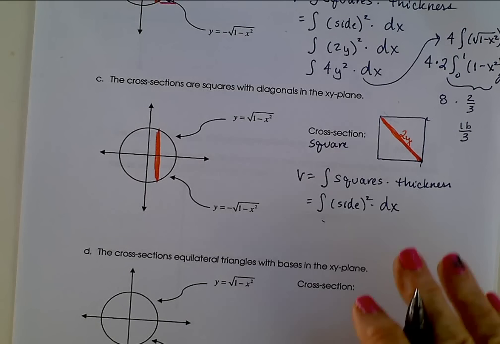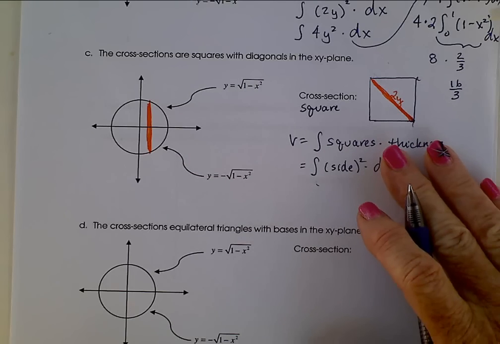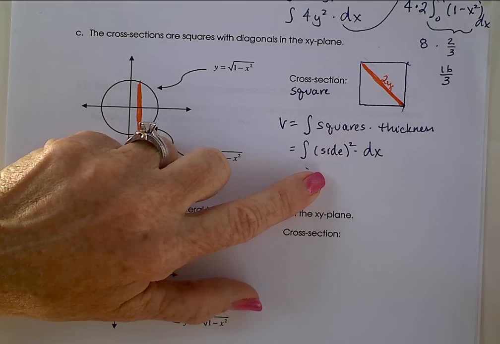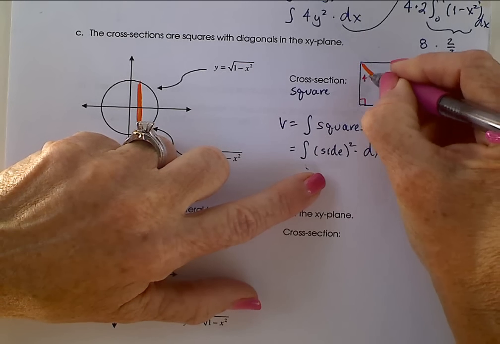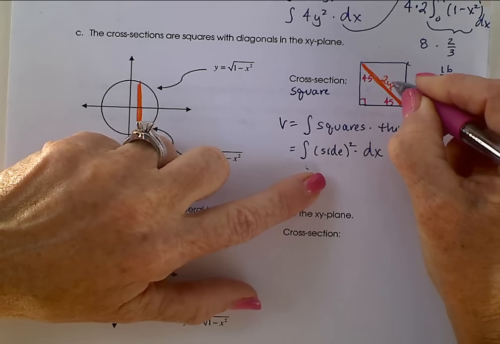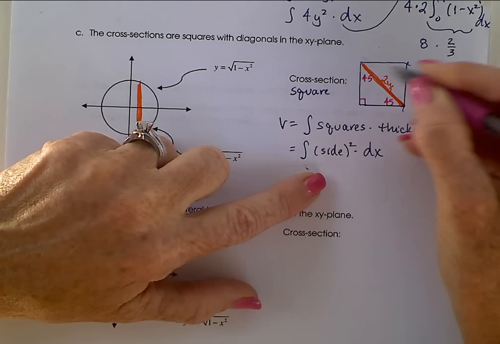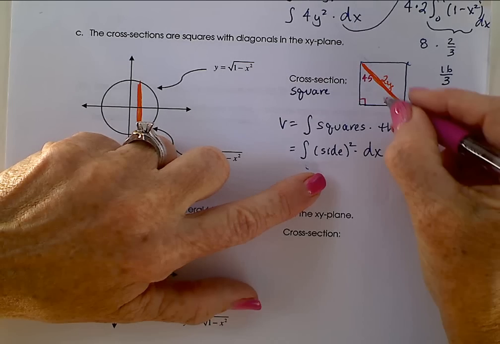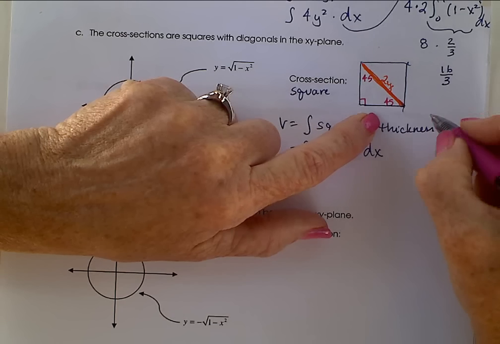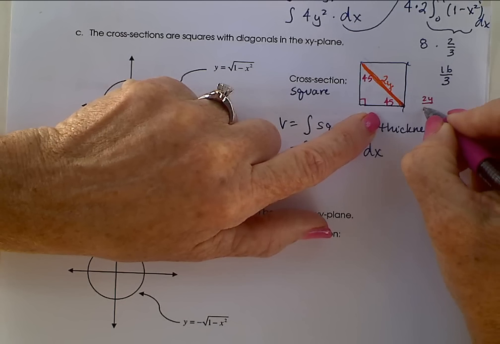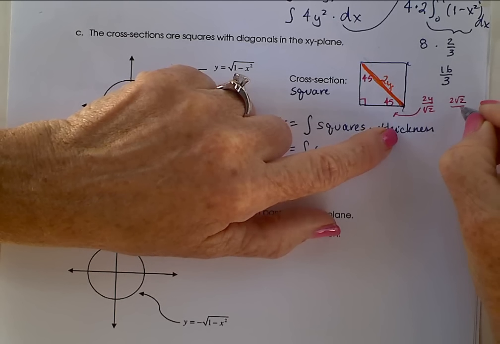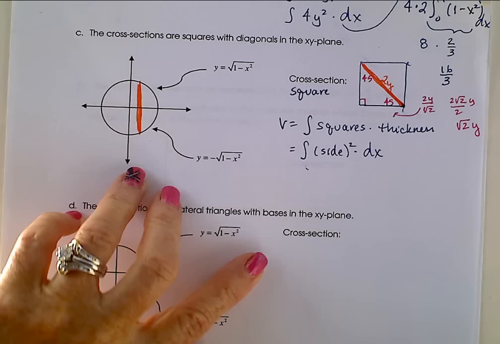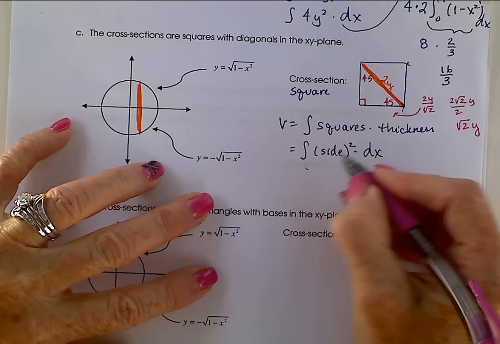Now you have to remember your geometry and your 45, 45, 90s, because I have to go backwards from the hypotenuse back to a leg. And to get from a hypotenuse back to a leg, you have to divide by the square root of 2. So 2y divided by the square root of 2 is 2 square root 2 over 2, or just square root 2 times y. That's your side length.